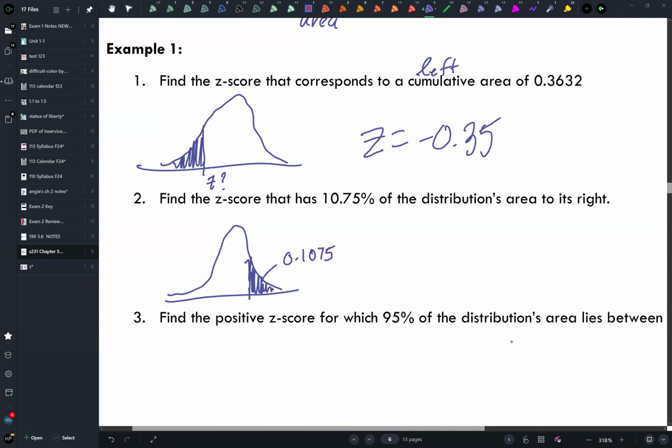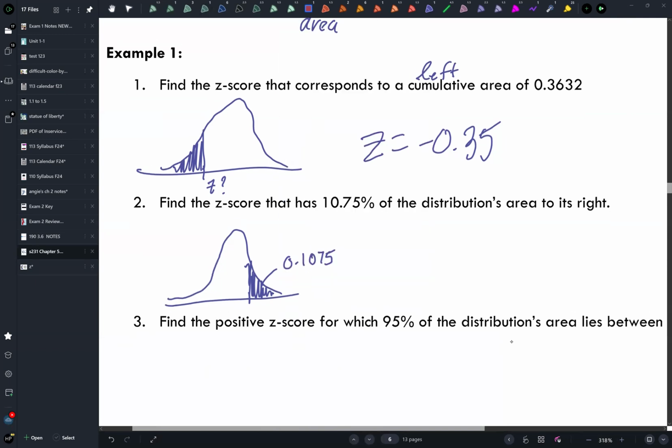Now, this is all fine and dandy, but I'm not looking for the right area, I'm looking for the area to the left, which is all this right here. So this has an area of 1 minus 0.1075, which is equal to 0.8925.